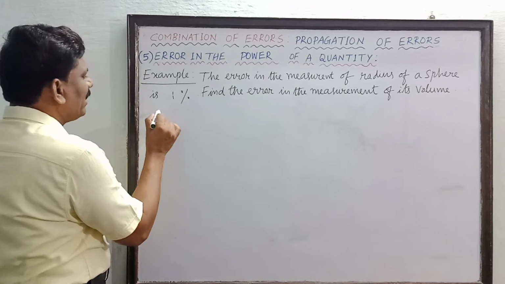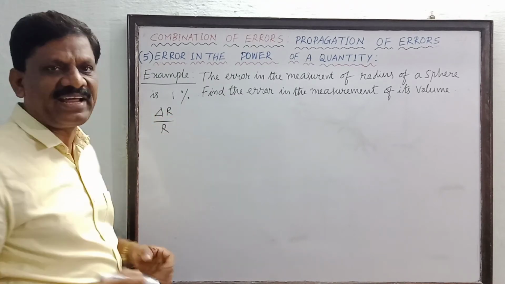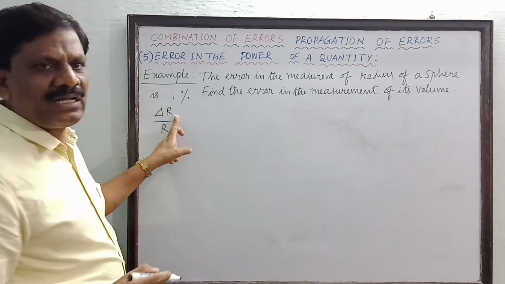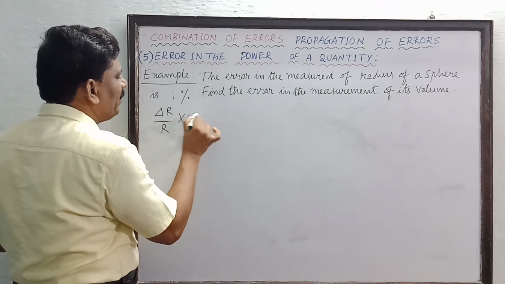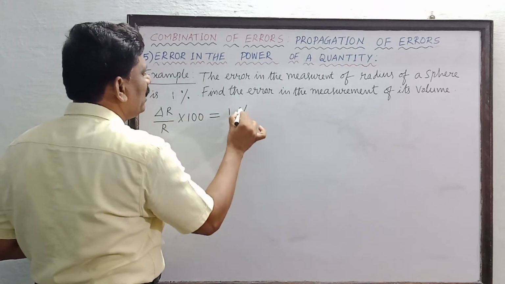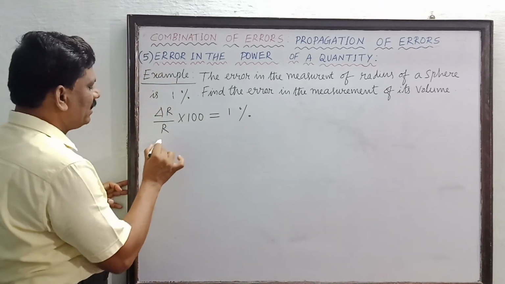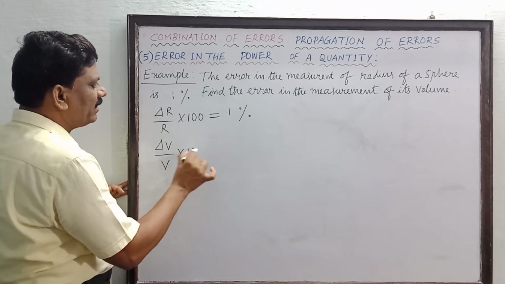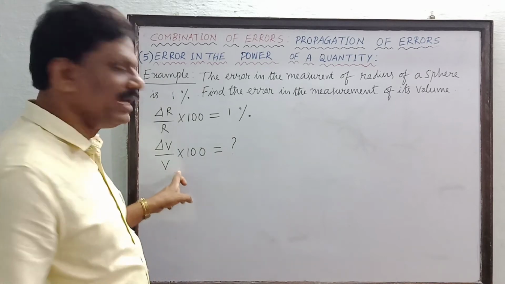So I will write delta R divided by R, the fractional error in the measurement of radius, and if you multiply this by 100, that is equal to 1%. What is asked here? Delta V divided by V into 100, the percentage error in the measurement of volume.